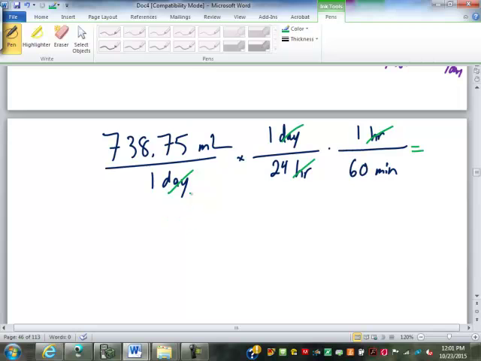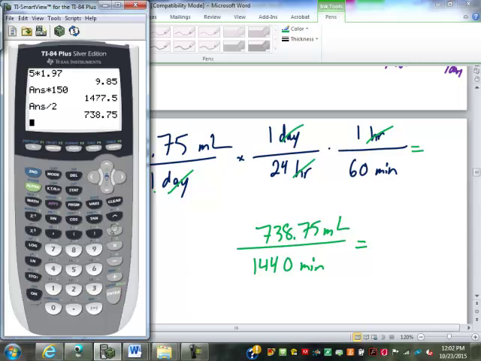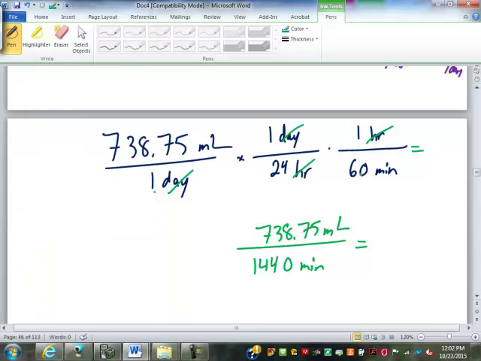So what we have here, 738.75 times 1 times 1 is 738.75 milliliters still. Over 1 times 24 times 60 is 1,440 minutes. So we're going to divide that 738.75 by 1,440. Gives us 0.513 milliliters per minute.